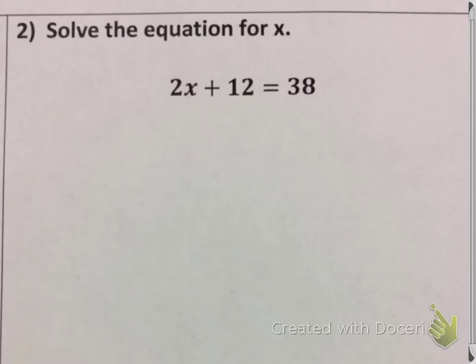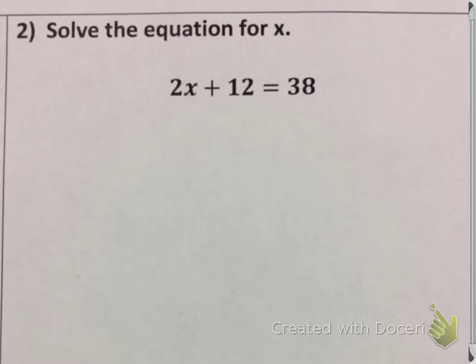When we're going to solve the equation for X, I like to use what we call the cover up method, where I like to just look at this part, kind of cover it up, pretend like it's not there, and see what I need to move. I would need to move that plus 12 to the other side of the equal sign. And how do I get rid of a plus 12? I do the opposite, which is subtract 12.